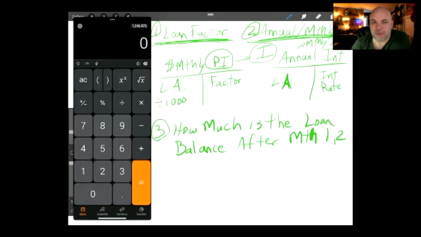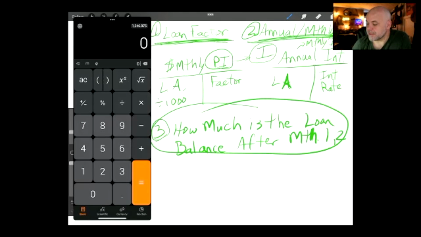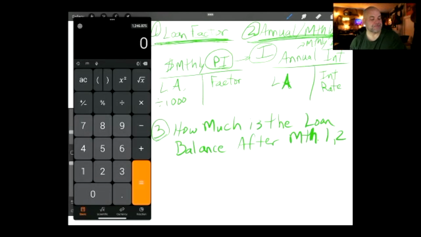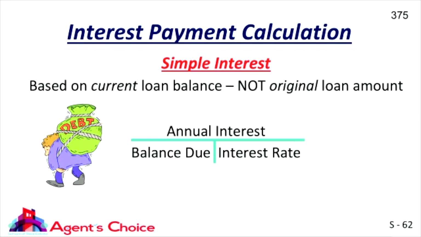Then you might see a question: how much is the loan balance after paying your first payment, or your second month's payment as well? To do this one, you have to be able to do both of these and put them together. So let's do an example of that. Are we good on annual and monthly interest? That makes sense. Just remember not to divide that by 1,000.